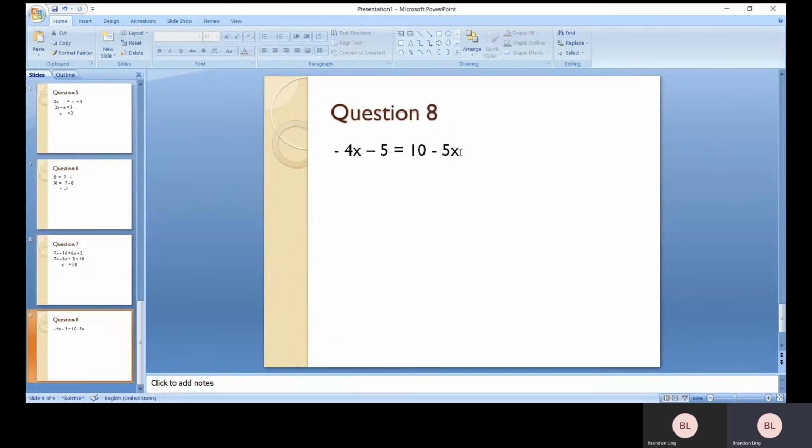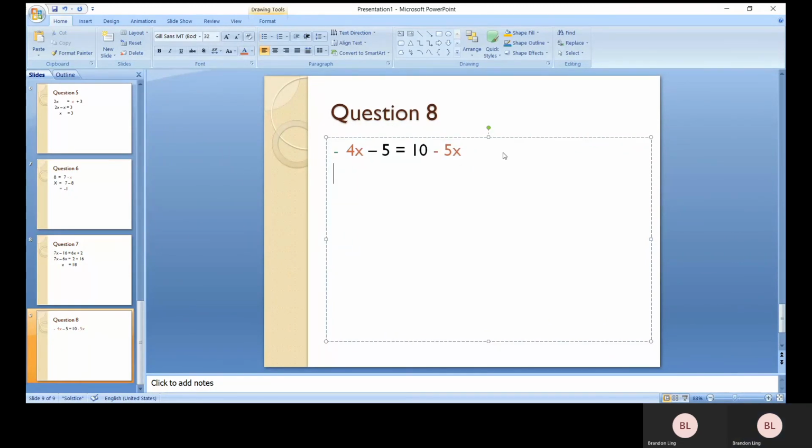The last question here. Negative 4x minus 5 equals 10 minus 5x. You need to combine these together. So you have minus 4x, which is untouched, plus 5x equals 10 plus 5.